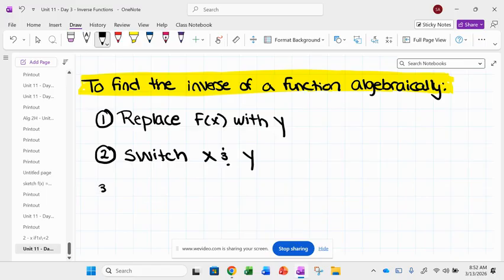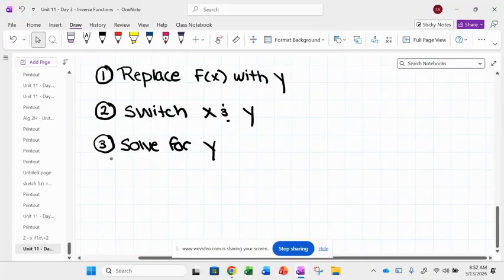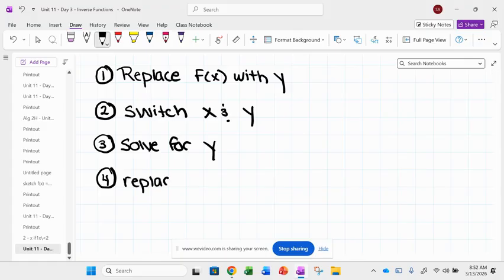Our next step, after we switch x and y, is we're going to solve for y. Once we solve for y, then we're going to replace y with the inverse function, which is f raised to the negative first power of x. That's how we represent the inverse function.